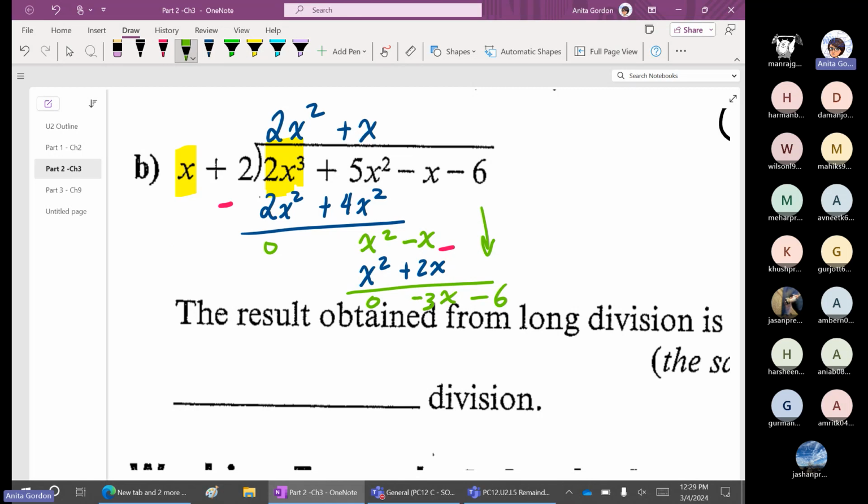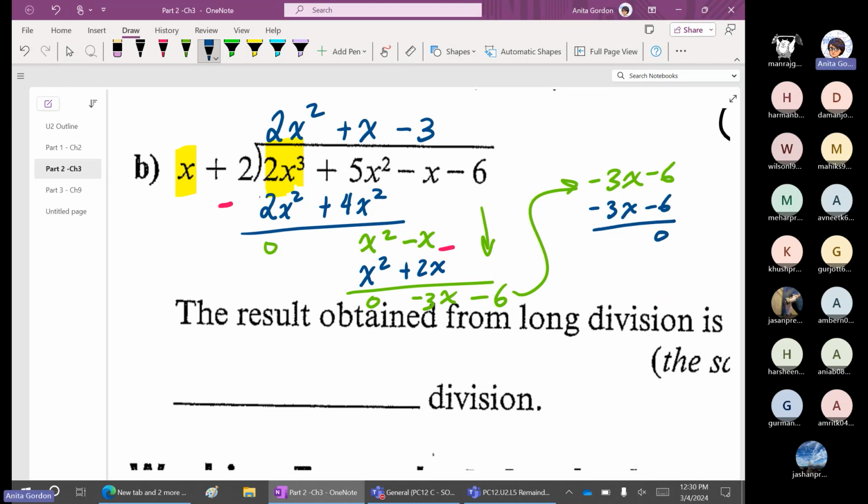Oh, you're good. I'm so sorry. Negative 3. So x times negative 3 is negative 3x minus 6.